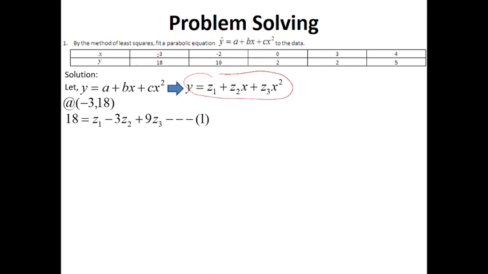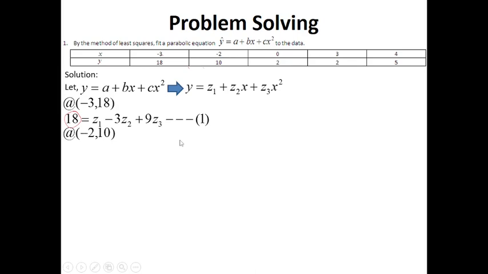X sub 1 siya ngayon, kaya negative 3. Ito, y sub 1, yung 18, kaya 18 siya doon. Okay? X is negative 3, so negative 3 squared is 9. So 9z sub 3. So this is the first linear equation.